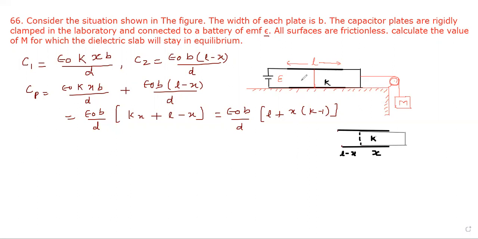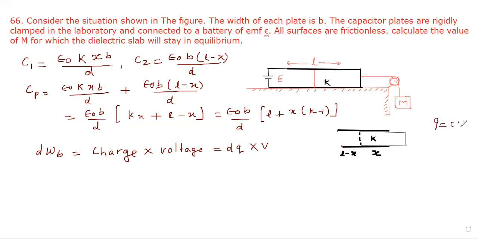So the work done by the battery, if we denote it as dWB, will be equal to the charge supplied by the battery times voltage. The charge is dq, times the voltage of the battery V. But Q equal to CV, we know.